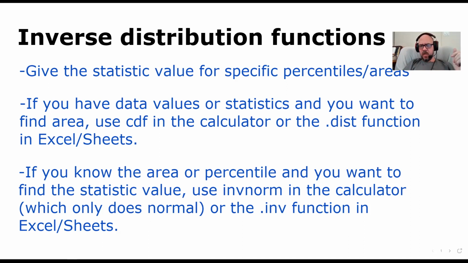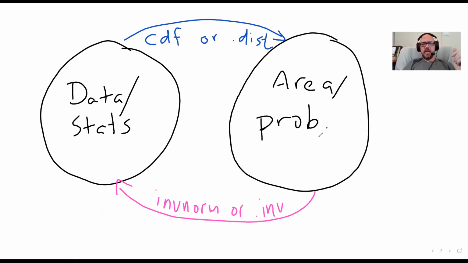All right, I've got a little diagram here that might help. So here's the idea. You basically have two things that you could be looking for. You could be looking for area or probability, starting with a statistic value or data value. Or you could be starting with an area or probability and want the statistic value that goes with it.